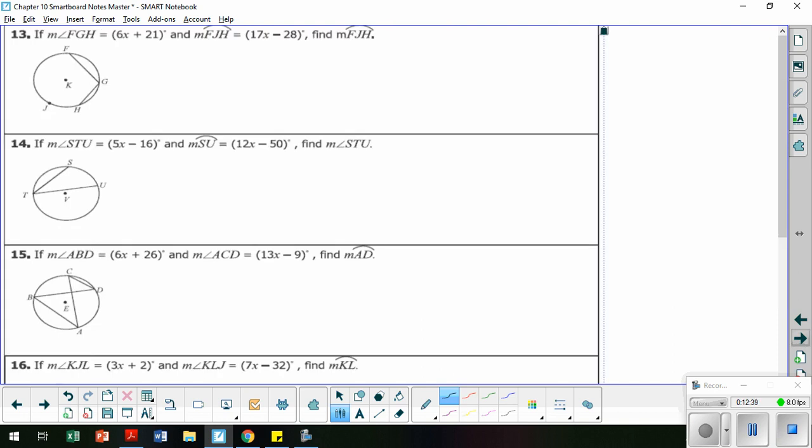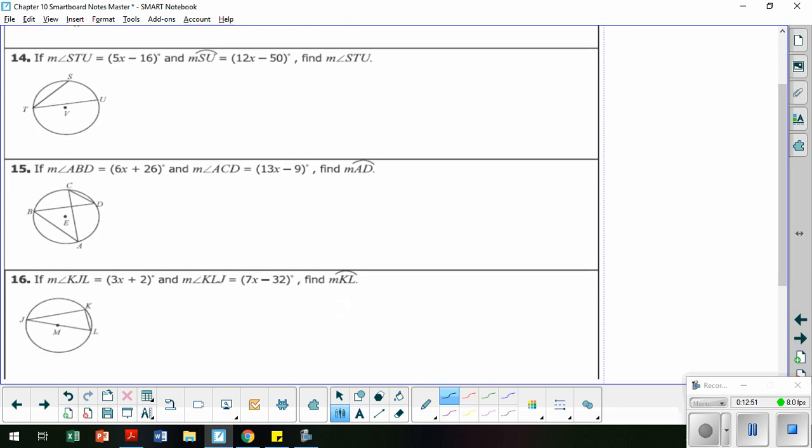Let's look at 15. The biggest thing you need to do is make sure that you label.